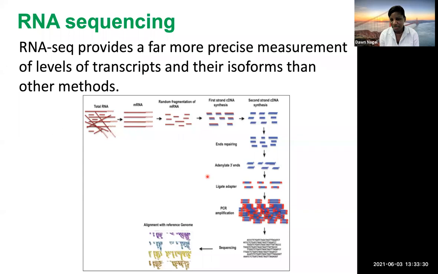The problem with, or one of the challenges with microarrays is that it doesn't represent all of the possible expressed regions of a genome, okay? So if you have a gene that is alternatively spliced, it will not be represented on that microarray. All of the possible splice isoforms are not going to be represented, right?